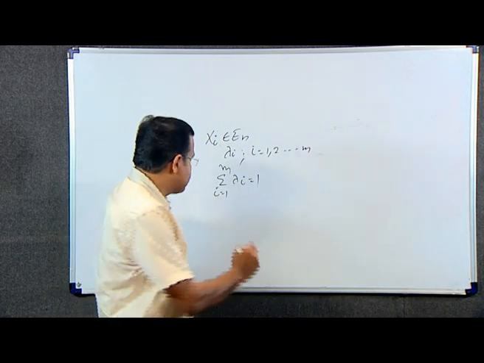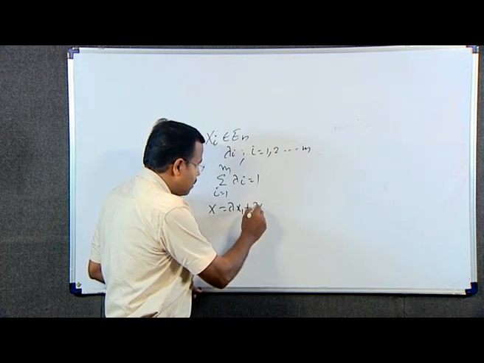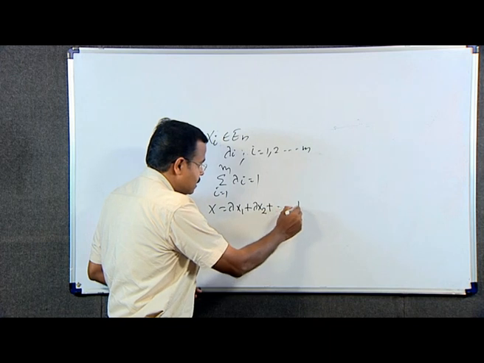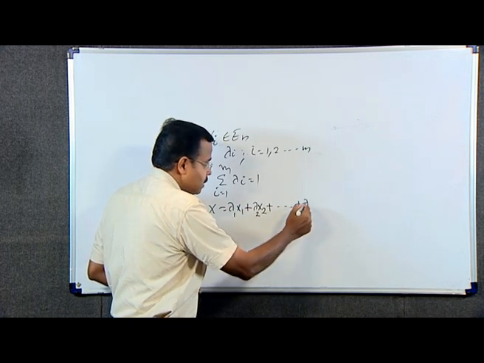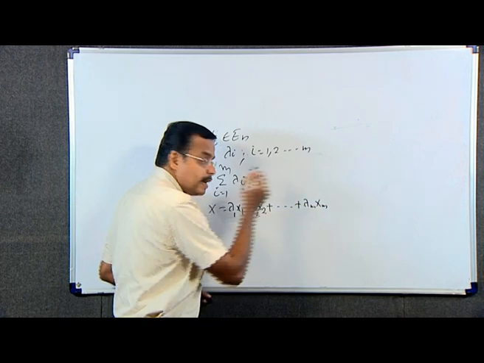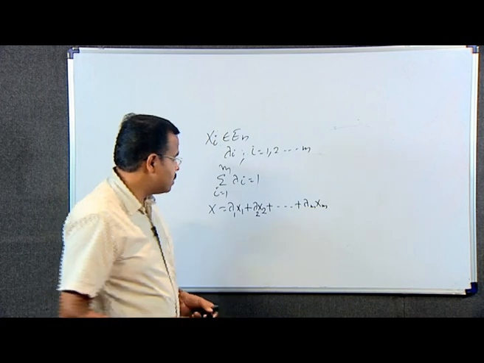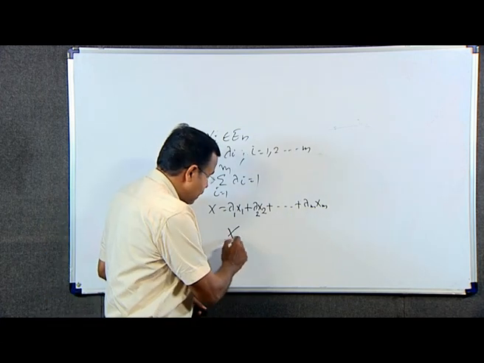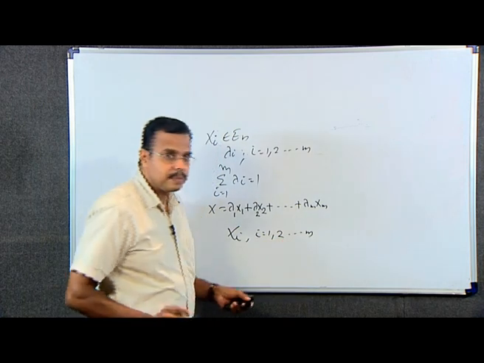Then x equal to lambda 1 x1 plus lambda 2 x2 plus etcetera plus lambda m x m is called the convex linear combination of the points xi for i equal to 1 to m.